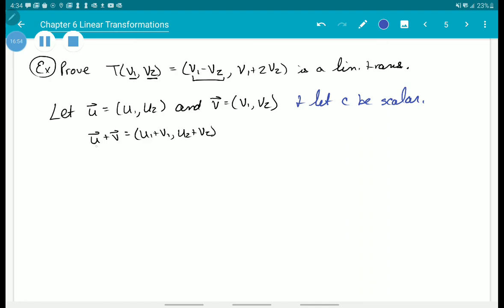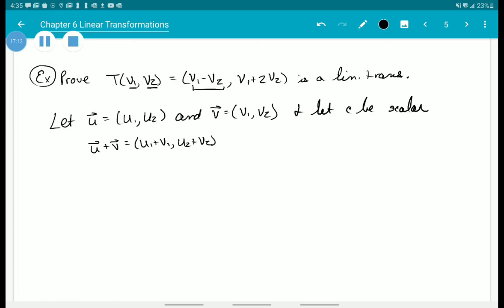Notice if I add u plus v together, I get u1 plus v1, u2 plus v2. We're assuming, like we said before, standard definitions of addition and scalar multiplication unless otherwise defined. So let's look at those two axioms.